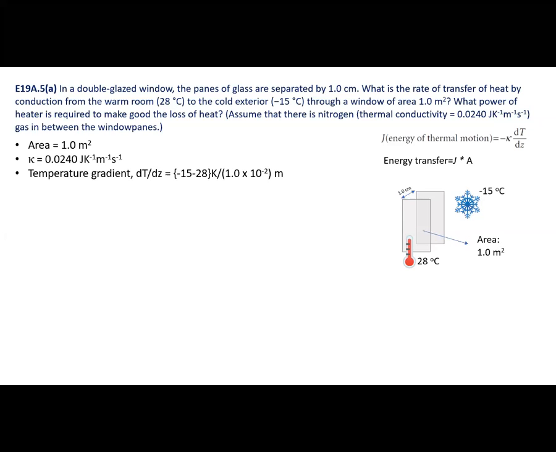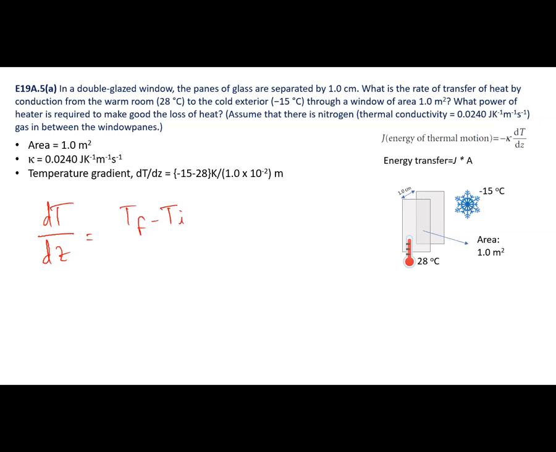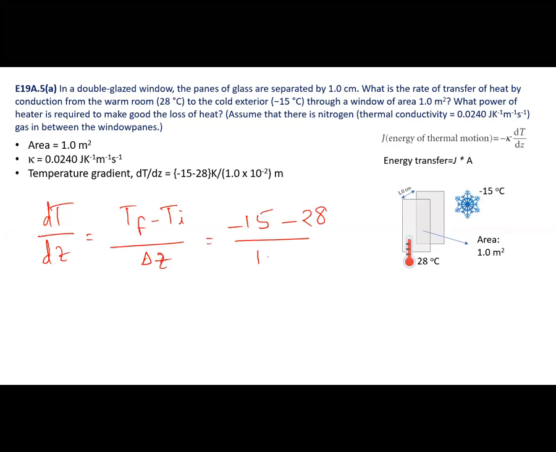First and foremost, we need to find the gradient. So dT over dz is nothing but T final minus T1 over the distance between the two panes. The exterior is final, which is minus 15, minus 28, over the distance 1 centimeter, but I'm converting that into meters.